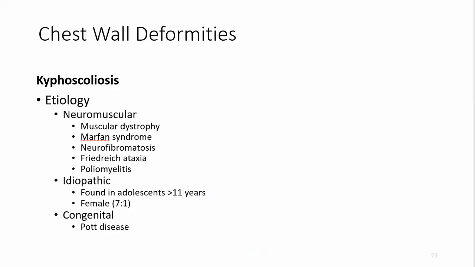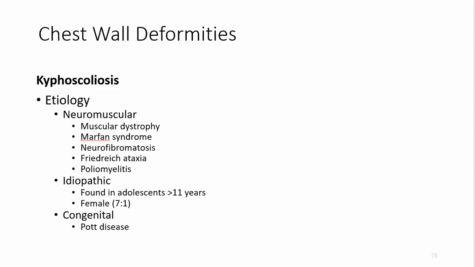Other restrictions can be just simply the chest wall and the deformities of the chest wall. Scoliosis, especially kyphoscoliosis, where the spine has inappropriate lateral bends and inappropriate A to P bending, especially in the thorax.